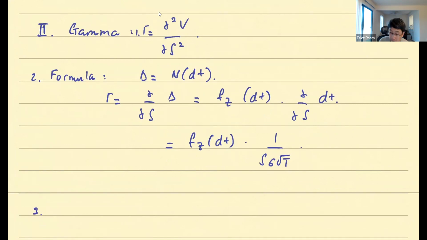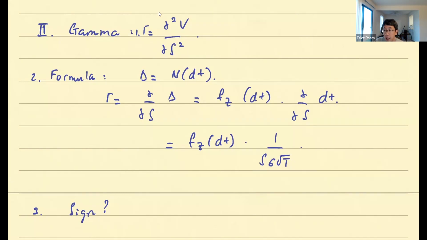What are the signs of the gamma? Can you say something? Is the gamma of a call option positive, negative, neither? How is it? No, look again, because what is this object? f is the density of a normal.